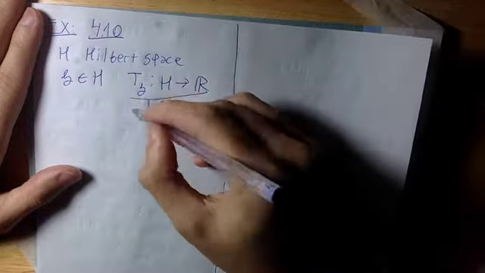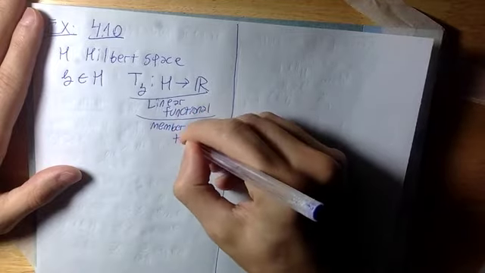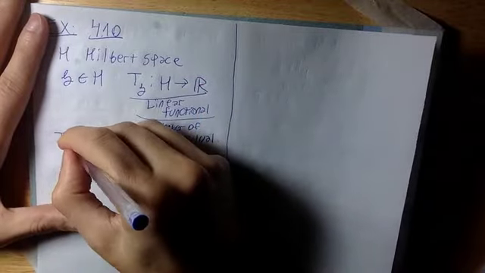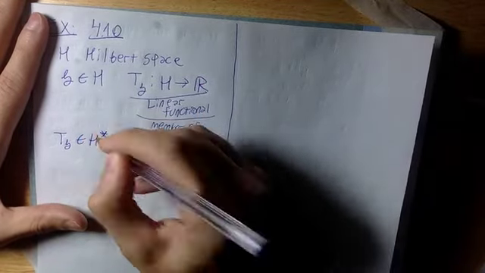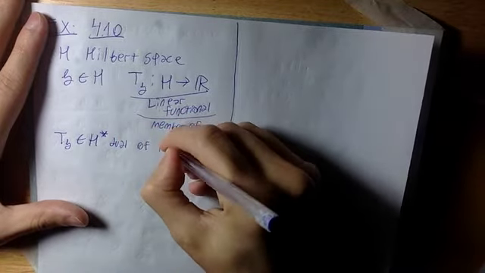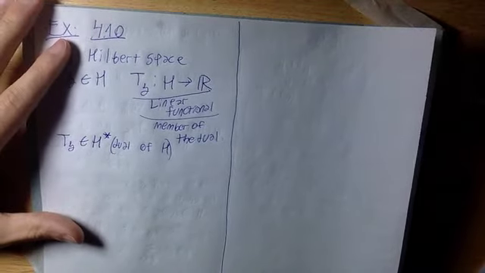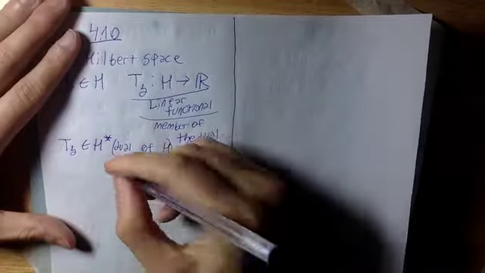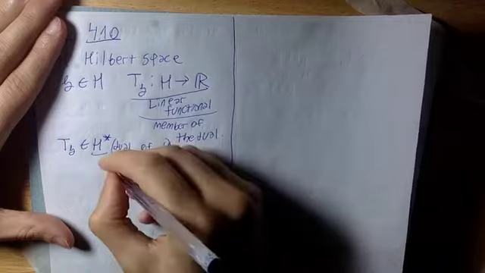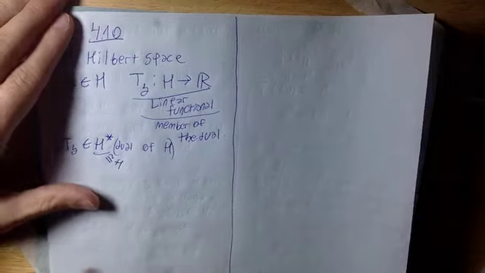This is what I usually call a member of the dual. So T of y is what I'm going to be referring to later on as H star. Okay, so this is the dual of H. What we are going to show is that actually H star is a Hilbert space and H star is actually equal to H. So H star is actually isometrically isomorphic to H.